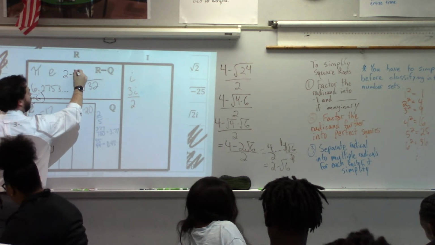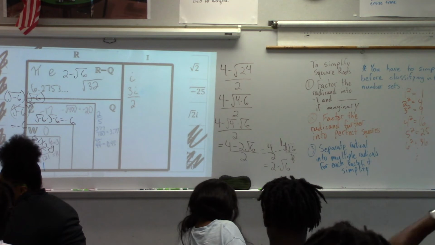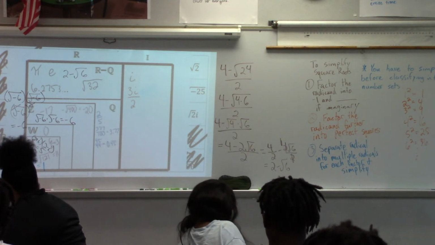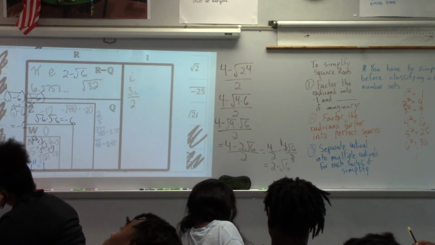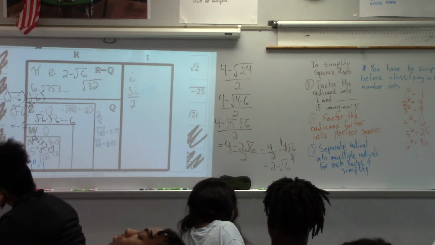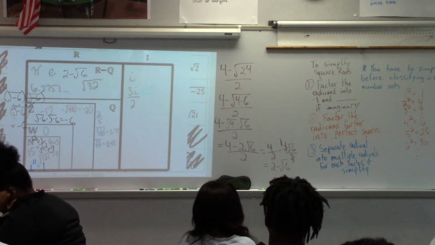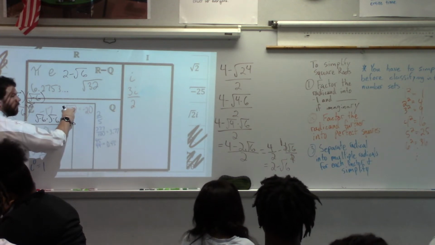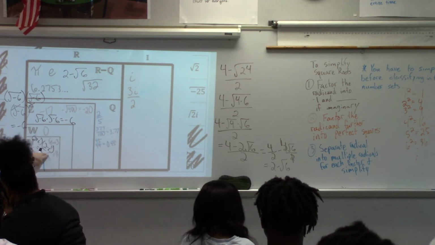Now, I will point out, what is there that might make us think pretty quickly that it's irrational? The square root. Now, does the square root always mean that it's going to be irrational? No. First off, we have to simplify sometimes, but also right here, negative square root of 400 was negative 20. The square root of 121 was 11.